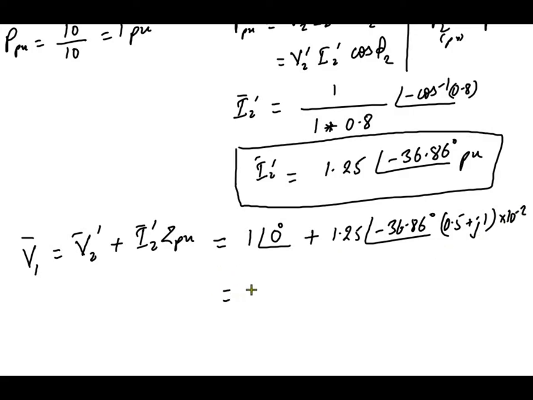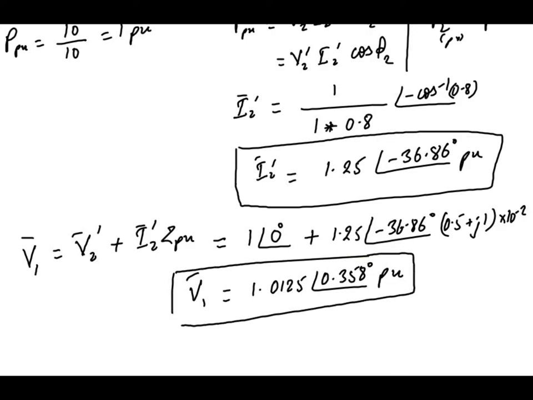If you solve this, you will get V1 as 1.0125 angle 0.358 degree. So you got the value of V1 now.